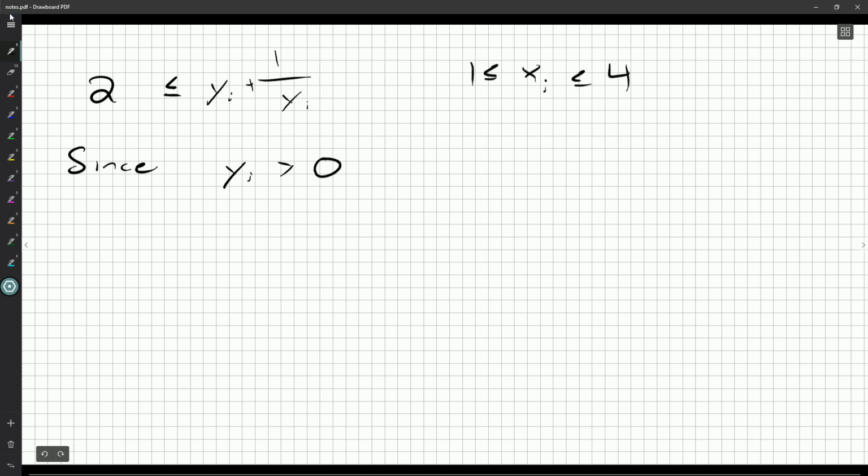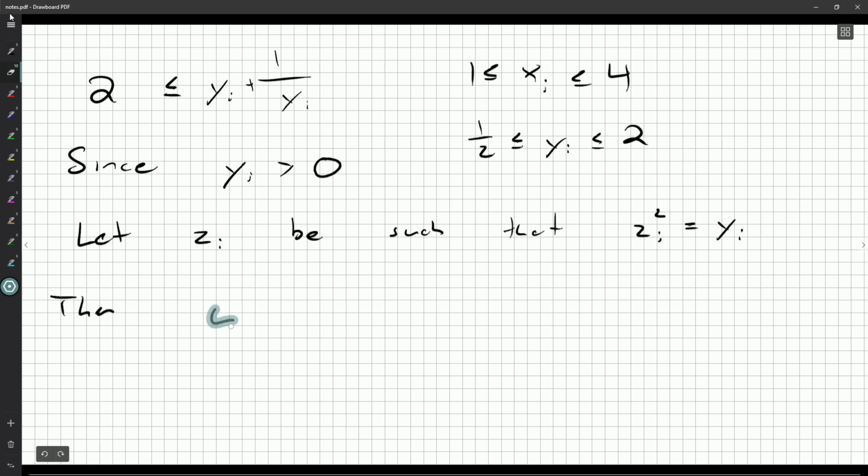The xi's are between 1 and 4. The yi's have a much more pleasing sort of geometric mean because they have to divide by 2, so they're between a half and 2. But the yi's are always positive. So let's let zi be something so that zi squared is equal to yi.